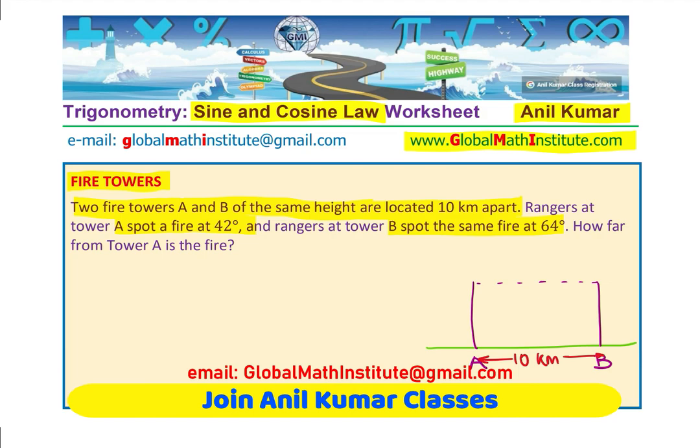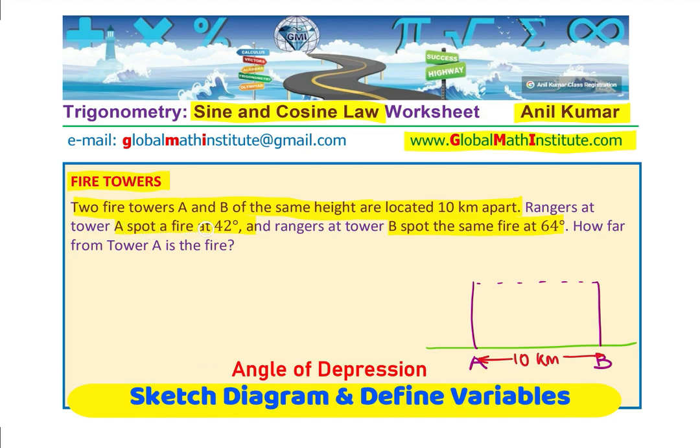Now, rangers in tower A spot fire at 42 degrees and rangers at tower B spot the same fire at 64 degrees. When we talk about spotting of fire, which angle is it? It is the angle of depression.